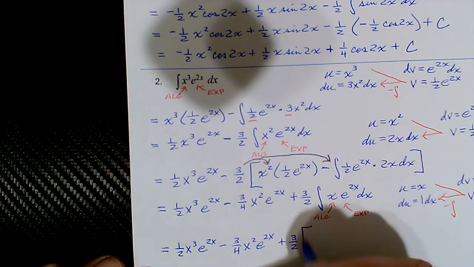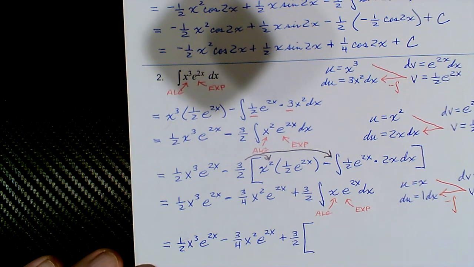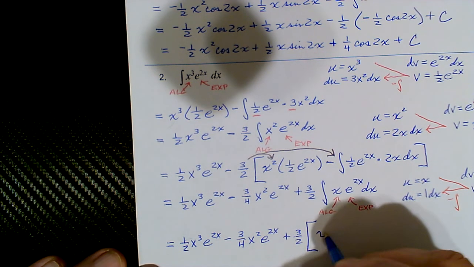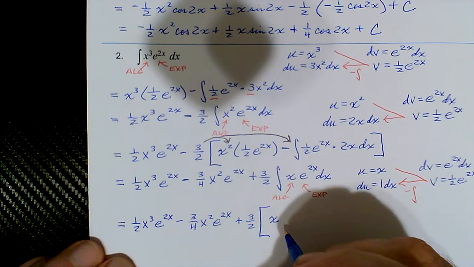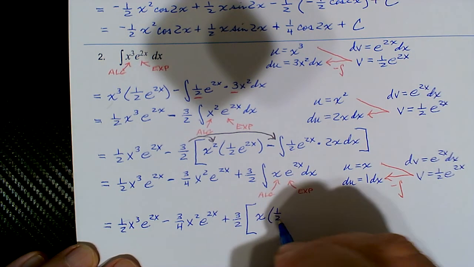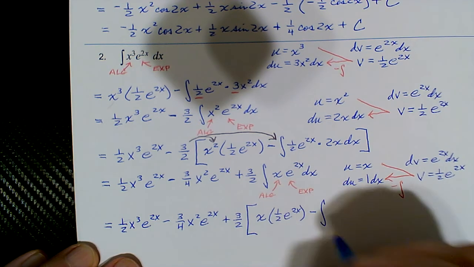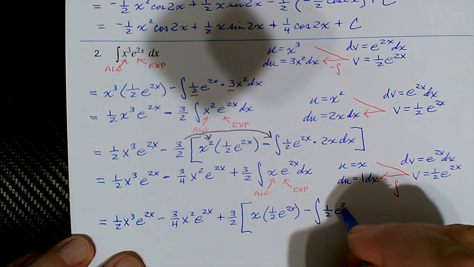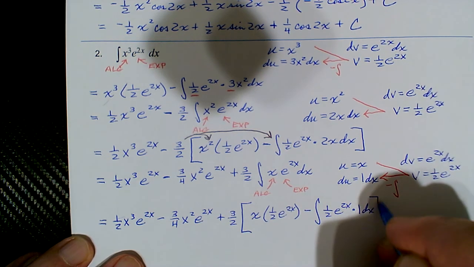And again, I'm going to need brackets, parentheses, because that 3/2 is going to be distributed to the two terms created by the integration by parts formula here, which are u times v, x times 1/2 e to the 2x, minus the integral of v, 1/2 e to the 2x, times the du, which is just 1 dx.